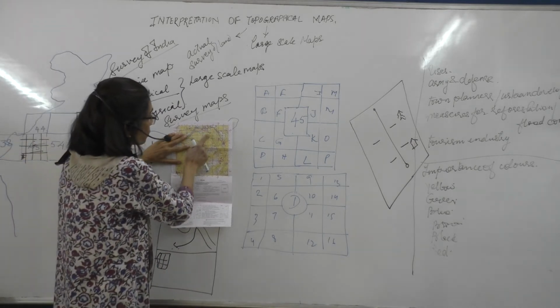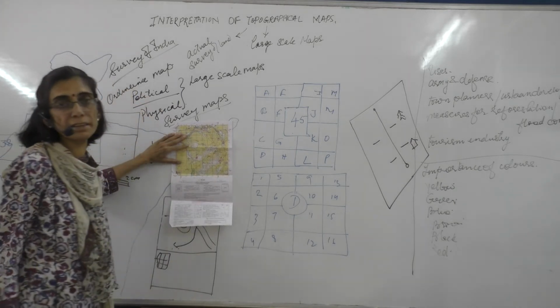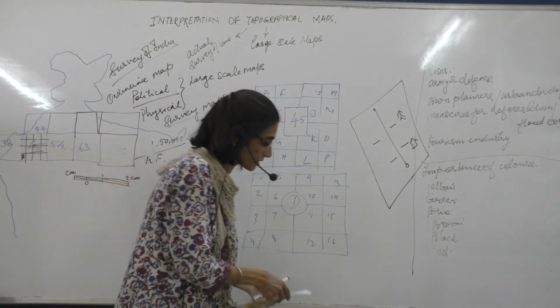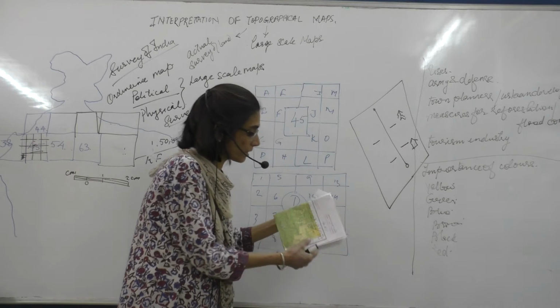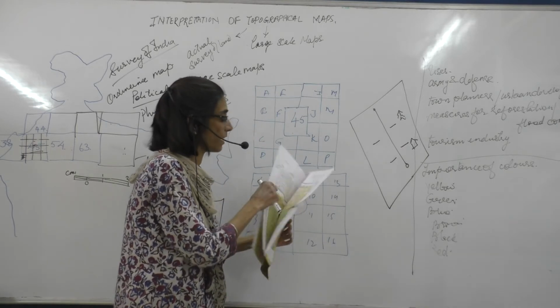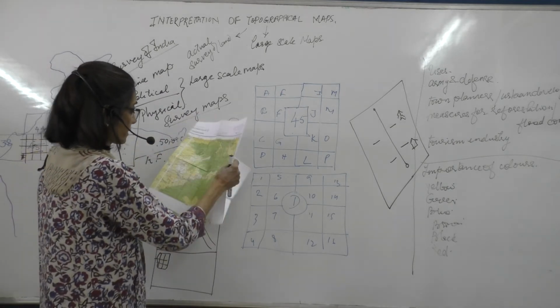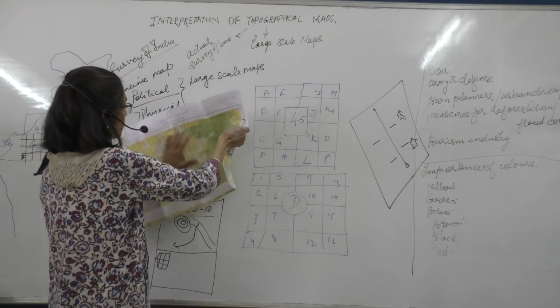Like they may ask you, what do these two red lines indicate? So these are generally very large maps. Topographical maps are generally very large maps which are utilized for understanding the study of the area.